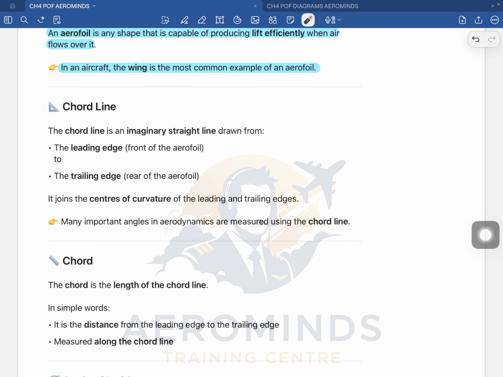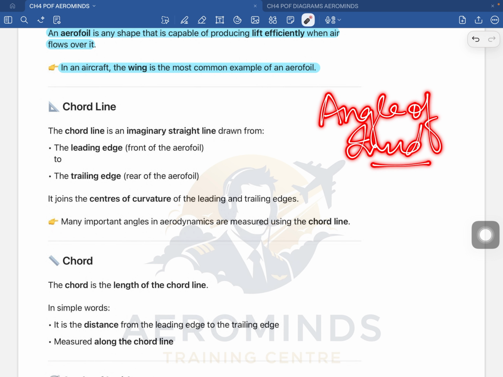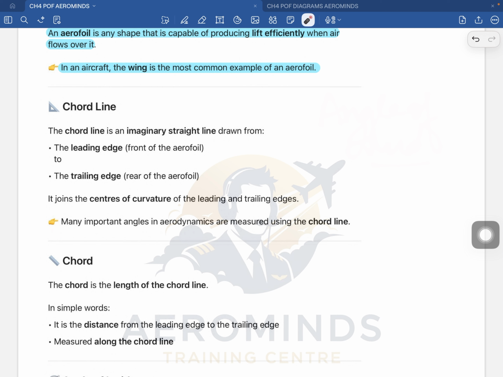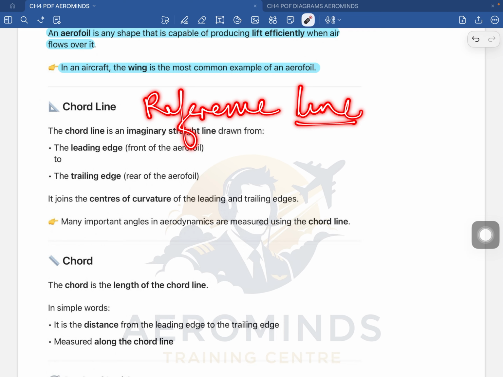Now whenever you hear about the angle of attack, which is known as alpha, or the angle of incidence, or any camber related measurements, the reference line which is used is almost always the chord line only. So this is very important for the concept. So remember this clearly for your exam. Chord line is the reference line. It is the reference imaginary line on the aerofoil.